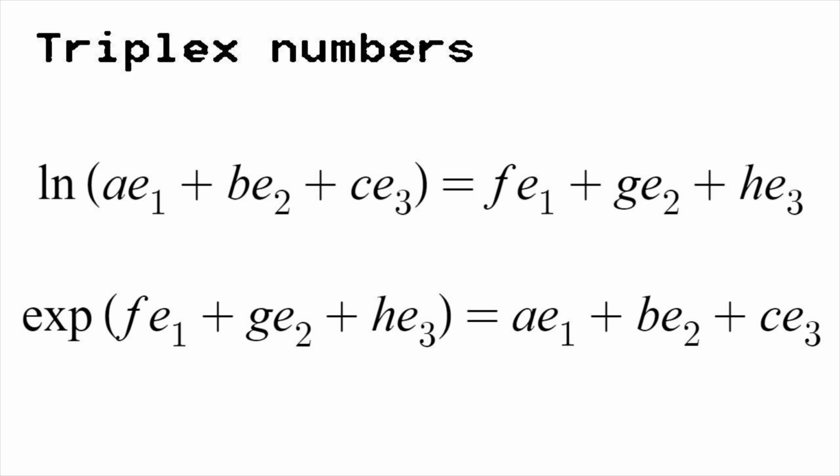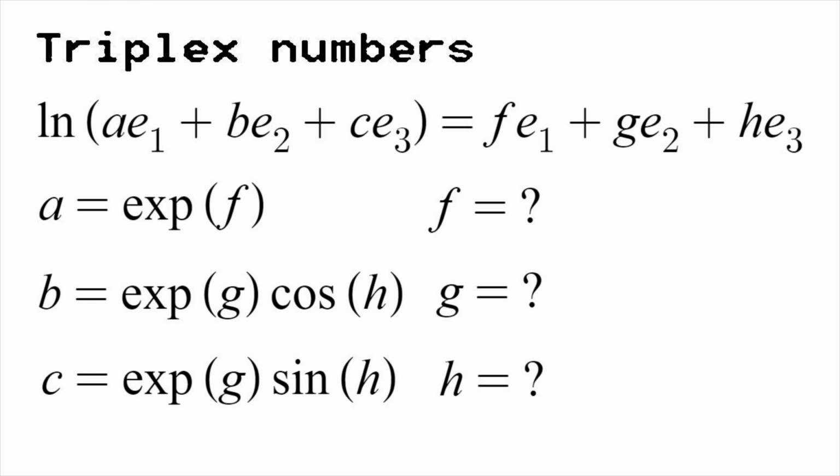Since that exponential can be written as exponential of f e1 plus exponential of g cosine h e2 plus exponential of g sine h e3, we get a system of 3 equations to solve.